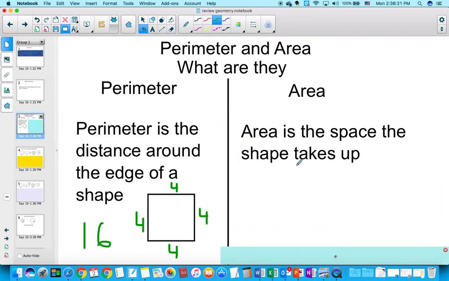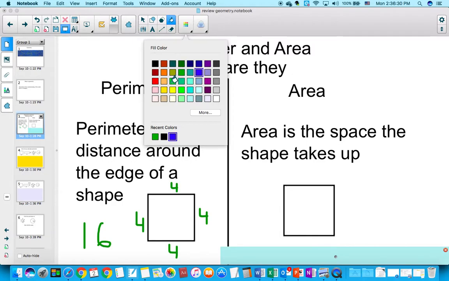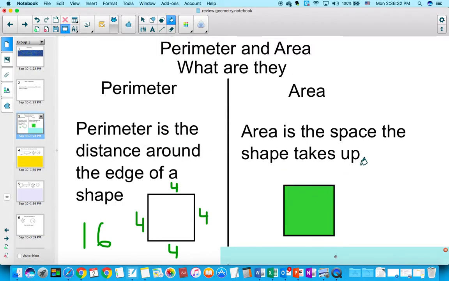Area is how much space the shape takes up. So again, I'm going to take my square, make a different square here. Area is everything inside the square, right? So perimeter is the lines along the outside, right? You add those up, the side lengths, you get your perimeter. But area is the length of each side.